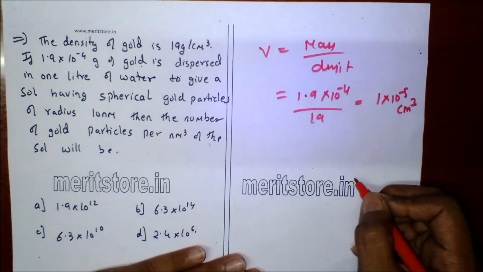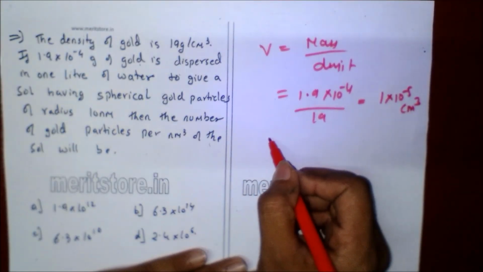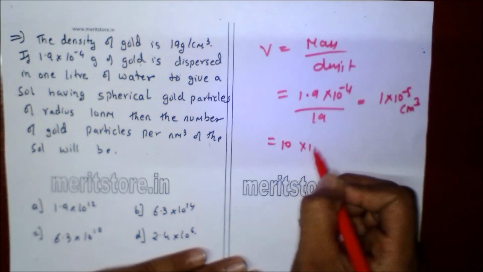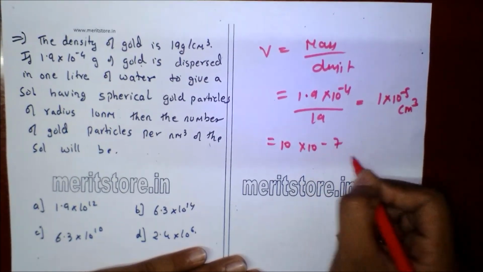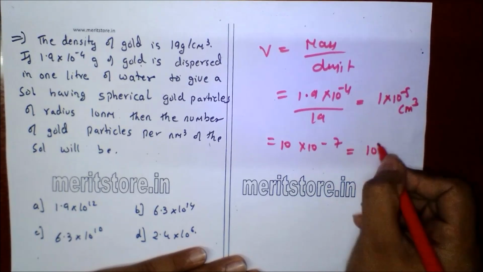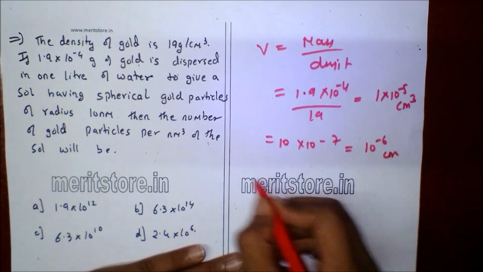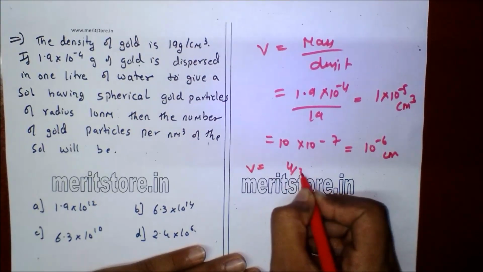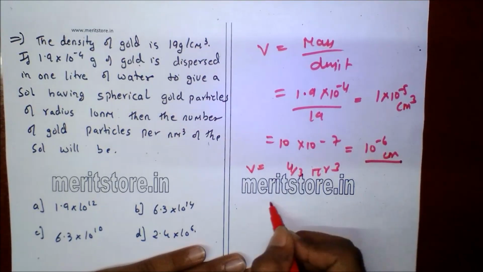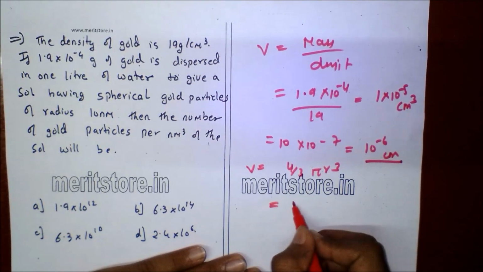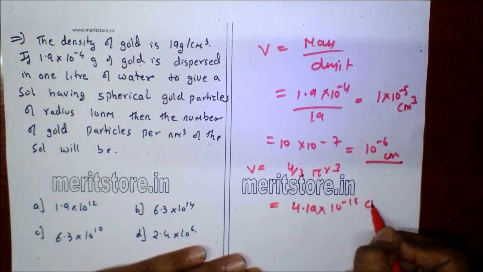The radius of the gold particle is given as 10 nanometers, which in centimeters is 10 into 10 raised to minus 7 centimeter, equal to 10 raised to minus 6 centimeters. The volume of the gold particle V is given as 4 by 3 pi r cube, where r is 10 raised to minus 6 centimeter. So we get the volume as 4.19 into 10 raised to minus 18 centimeter cube.